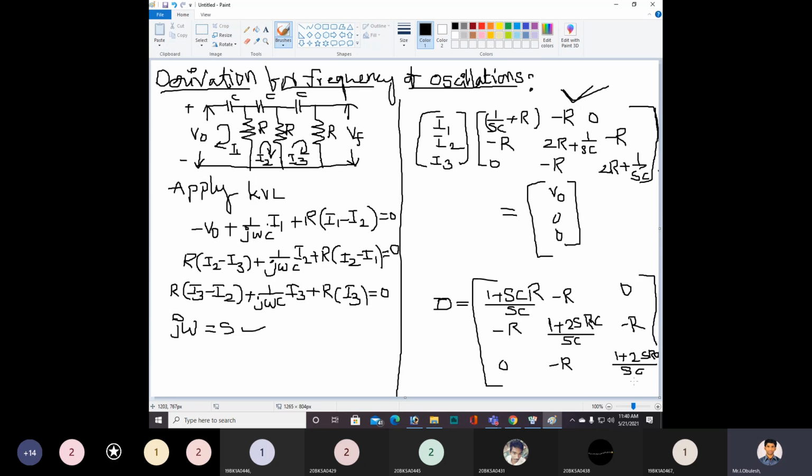So this is the matrix. Okay, by using Cramer's rule, we'll get this. Now we need to use Cramer's rule, and we will get the simplified equation. Okay, D is equals to... up to now clear?